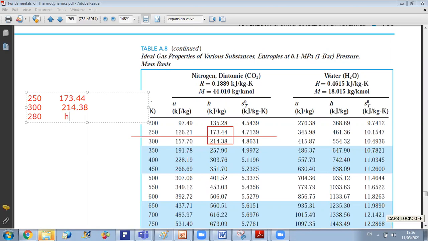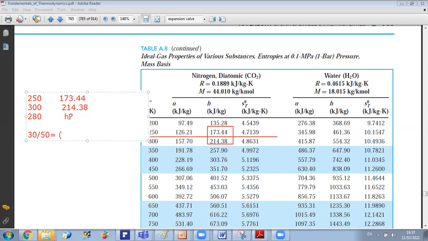So I will write that 280 minus 250, which is 30, over 300 minus 250, which is 50, equals, from the other side, the corresponding values.